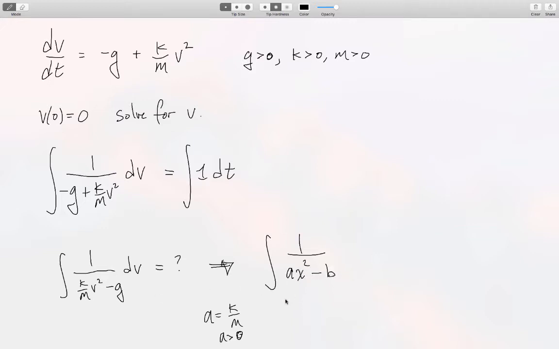I'm going to keep the minus in the formula, and b is really just the constant g, but I want to look at this as a Calc 2 problem, which is partial fractions. So let's work on this for just a little bit, and then we can come back and plug in that a was really k over m, and b was really g. And I know that a, b, g are all bigger than 0. Okay, so I'm going to come back to this and work on that.